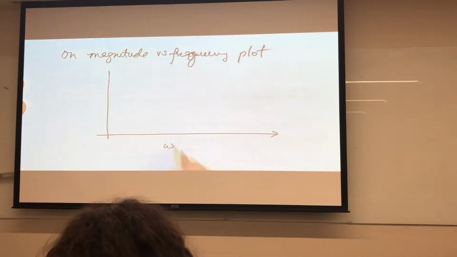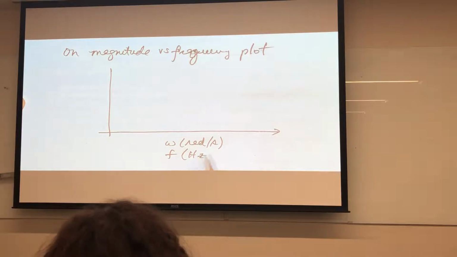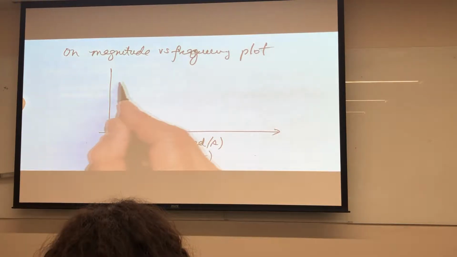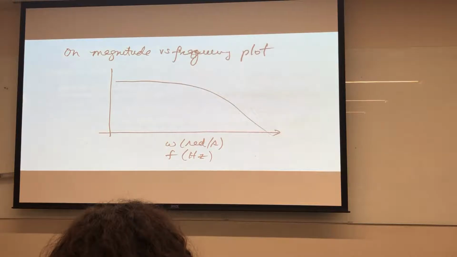You can call this omega, radians per second, or call it frequency. On a machine, this would be F, frequency, in hertz. And so we're going to get a response that looks maybe something like this.